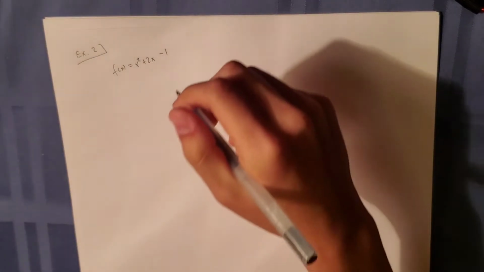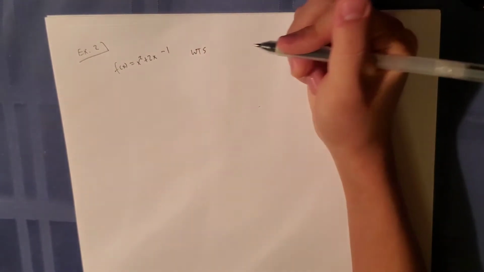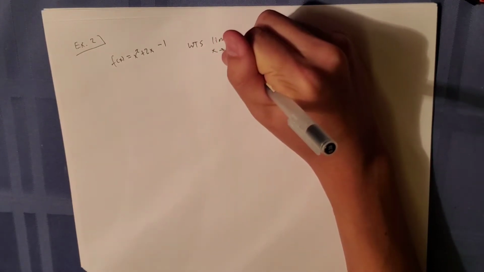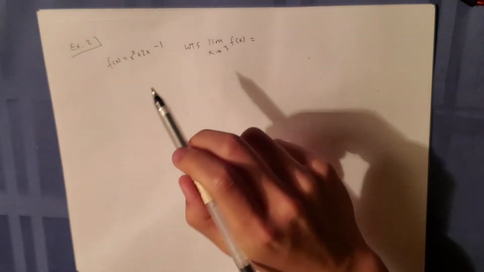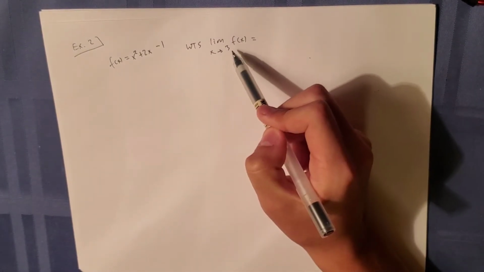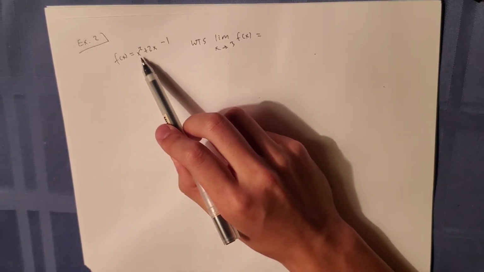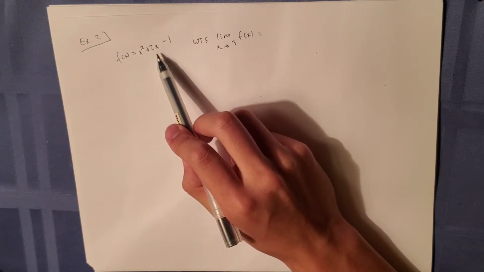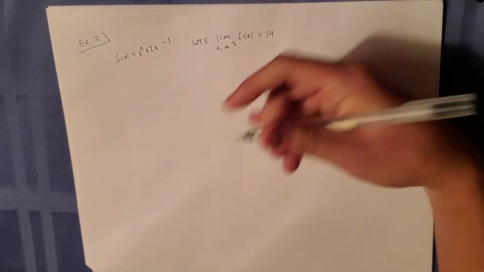Okay, and we want to show that the limit as x approaches 3 of f of x equals, well, we're expecting that the limit as x approaches 3 would equal f of 3. So let's see, 3 squared is 9, 9 plus 6 is 15, minus 1 is 14. So we hope that this equals 14.